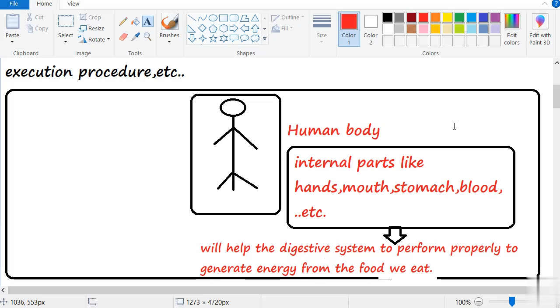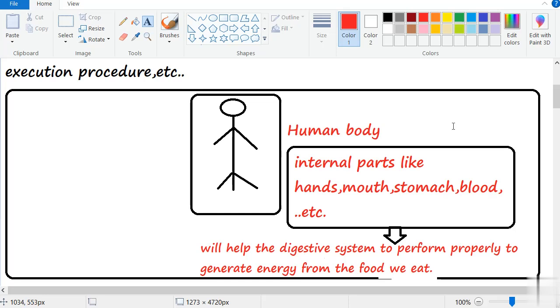Whatever food we eat, after eating, these internal parts help the digestive system perform properly to generate energy. So we have energy, that's why we are living, right?